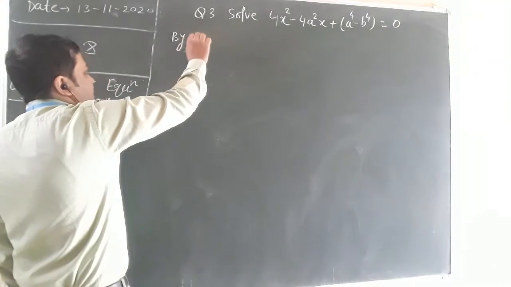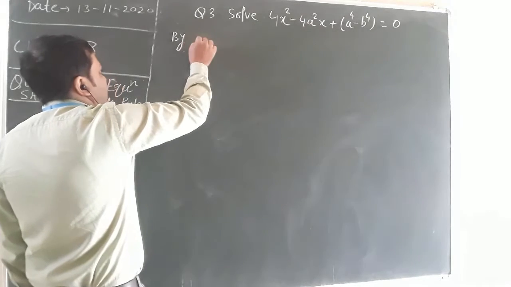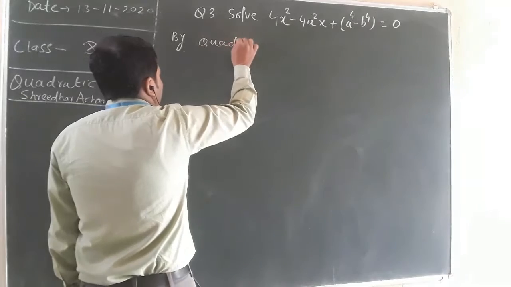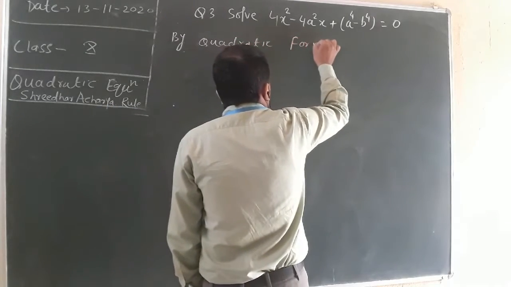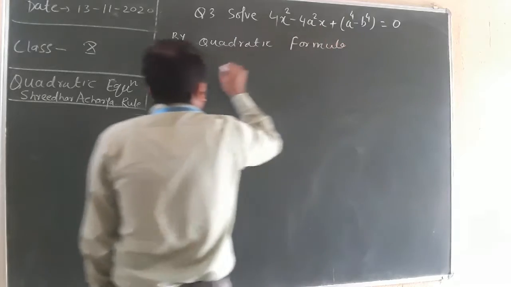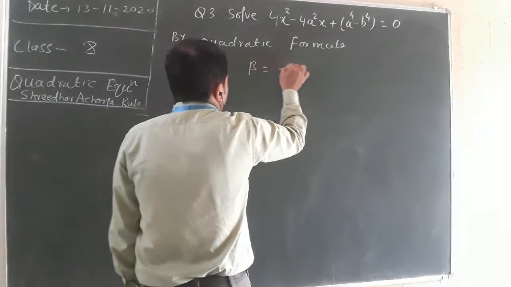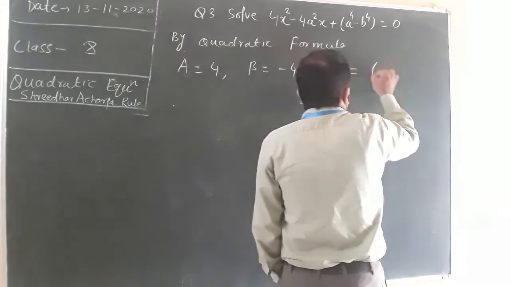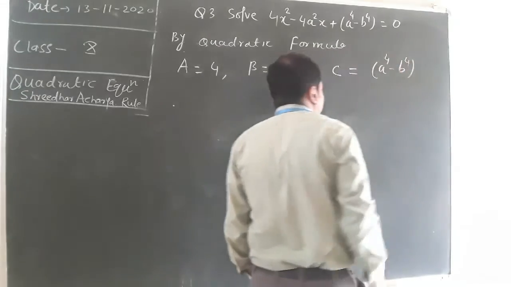So capital A is equal to 4, capital B is equal to minus 4a square, and capital C will be a to the power 4 minus b to the power 4.